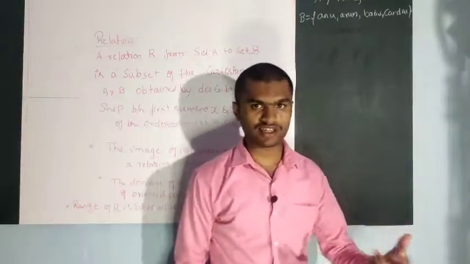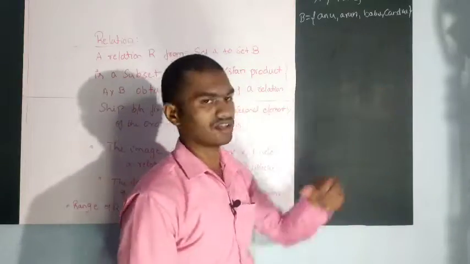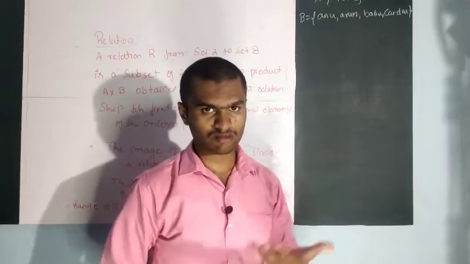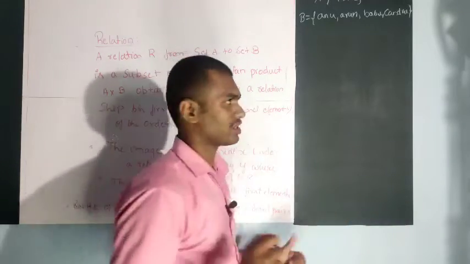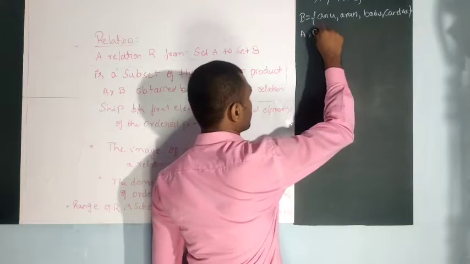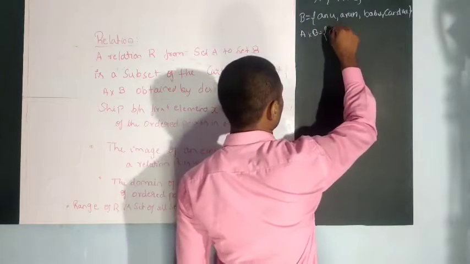So now I am defining A cross B, that is the Cartesian product of A and B. If you are not familiar with Cartesian product, please go through those videos and come back. Again I will not say that. I will simply write A cross B thinking you all know about Cartesian product.